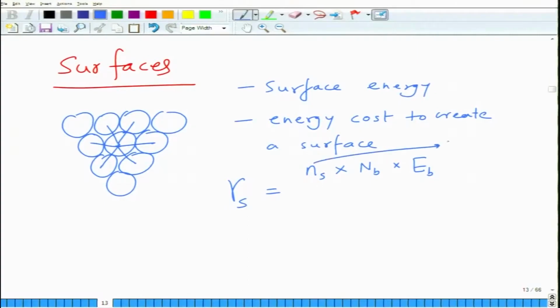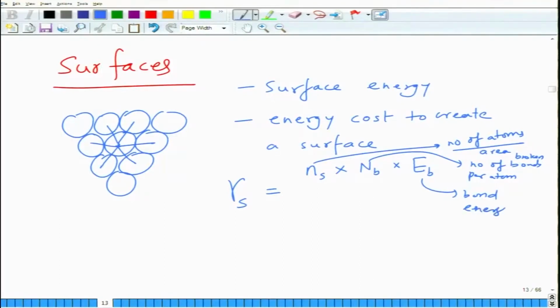So this is the number of atoms per unit area, number of bonds per atom, the number of broken bonds, not all bonds, and this is the bond energy. And since each bond is shared by 2 atoms, you divide by a factor of 2. So this is basically the surface energy of a free surface.